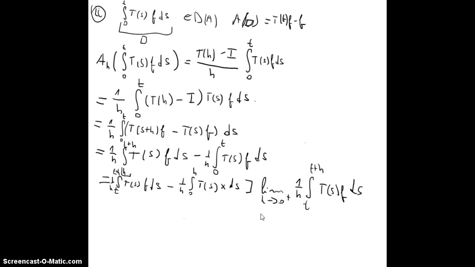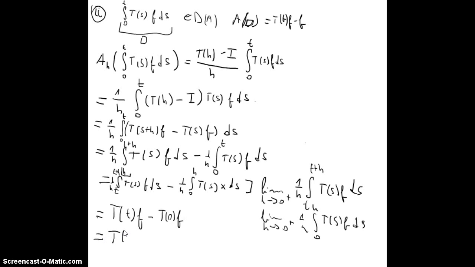The same will be when we take the limit when h goes to 0 plus of 1 over h times the integral from 0 to h of T_s f ds. Now, instead of t, it will be 0. So this will be equal to T_t f minus T_0 f. The T_0 f is just the identity, so this is equal to T_t f minus f, which is what we want to see.